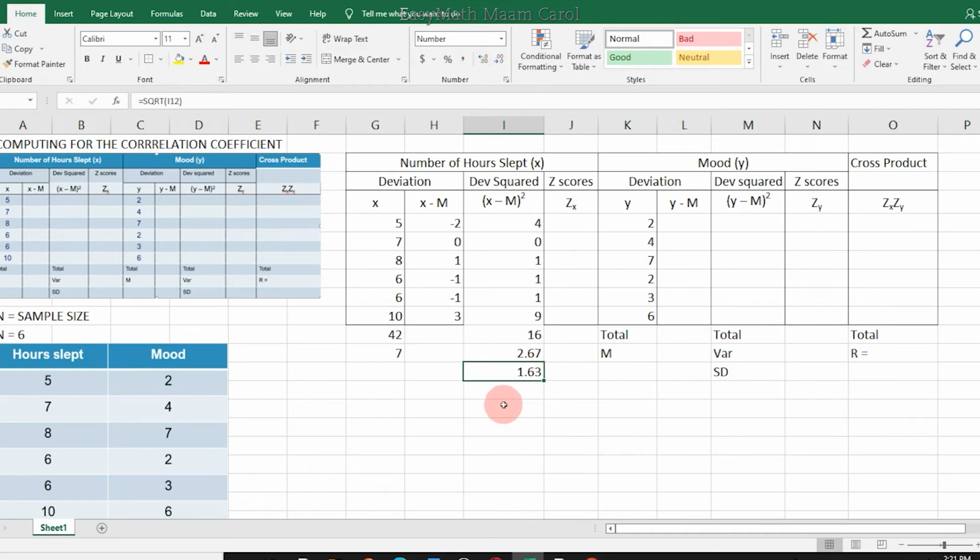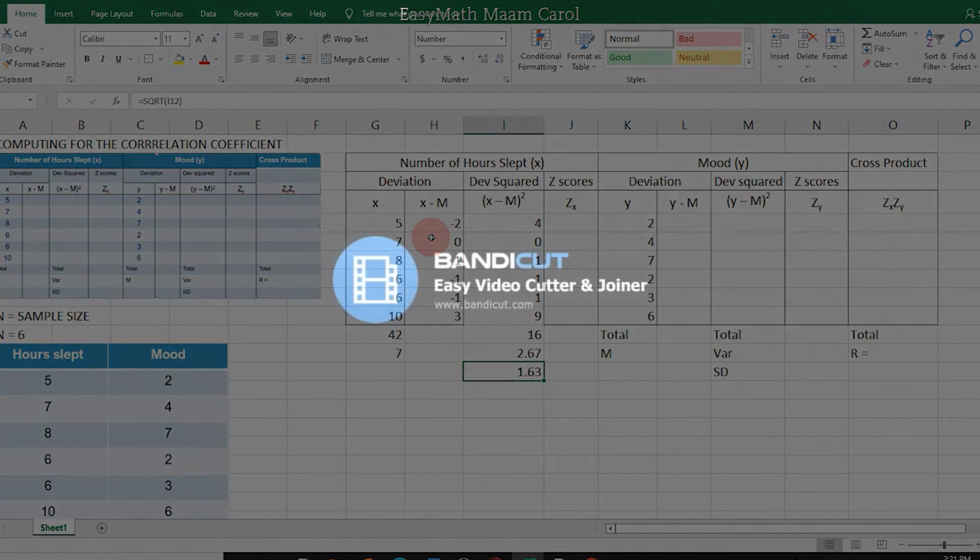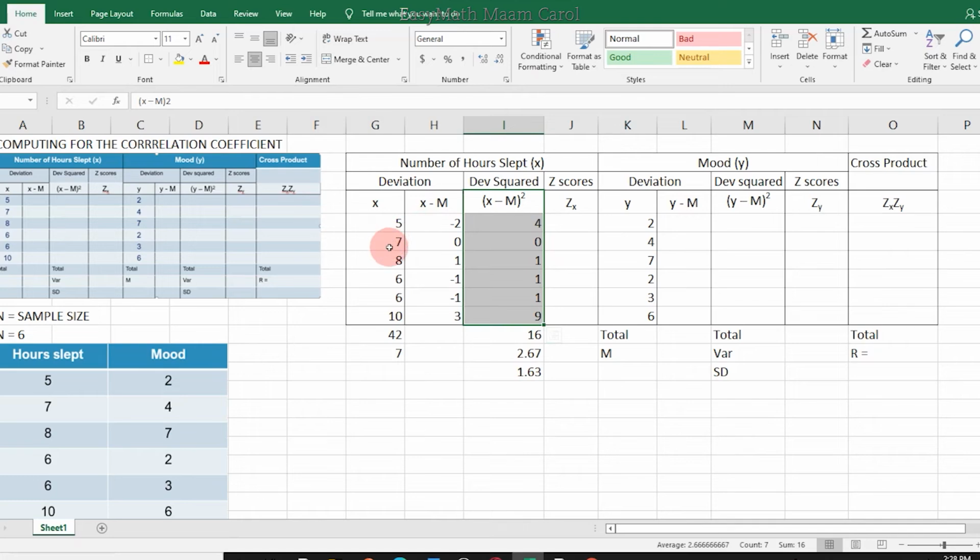Now how do you convert to Z-scores? To convert the values of X to Z-score, you use this formula.